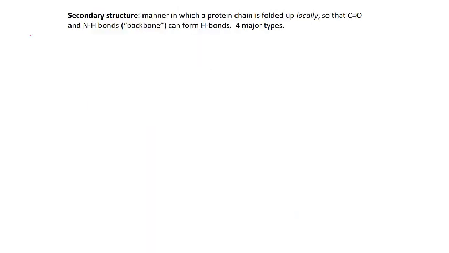All right, so last time we said that there's something called primary structure, which is the sequence of amino acids. This defines the chemical structure of our polypeptide chain. There are different levels of protein structure.